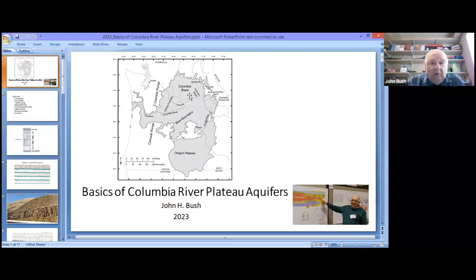There are thousands of reports on the groundwater throughout the Columbia Plateau, since nearly everybody, every city, farm, and individual house depends on water from the Columbia River basalts and sediments.